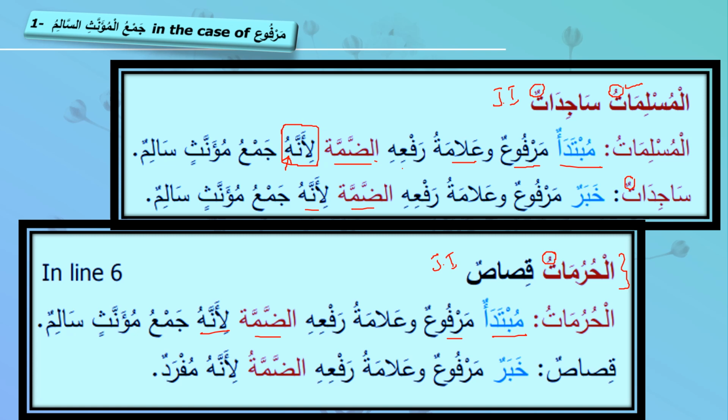Qisasun khabarun marfu'un wa alamatu raf'ihi ad-dhamma li annahu mufrad. This is mufrad, and it has a clear dhamma over it. So you have to give your answer as alamatu raf'ihi ad-dhamma. You can see the visible dhamma over it.